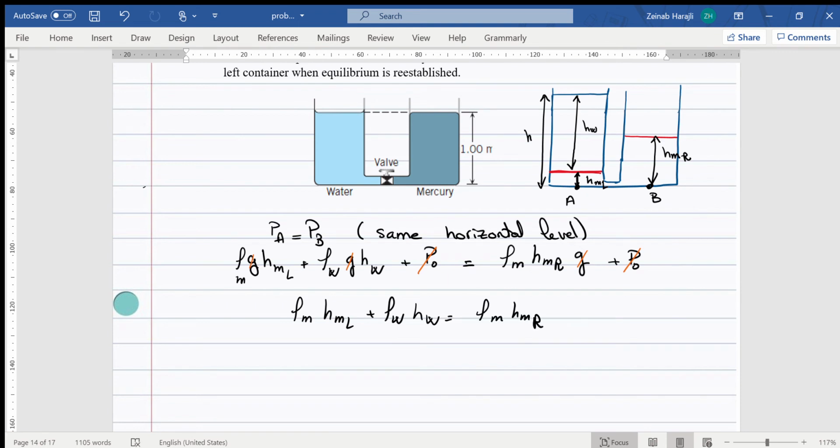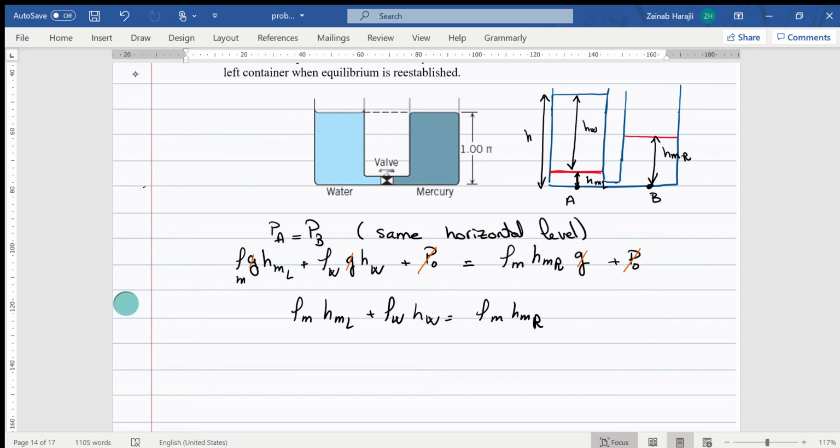Now, if we look at this equation, what do we know? We are not given any of the heights actually. We are given the densities of water and of mercury. We have the heights before opening the valve. So these are now different, but we can make use of the previous heights with one thing.